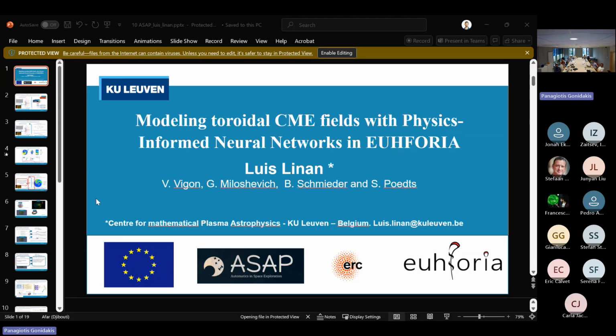As you can see here, for one simulation, you see the evolution of the density, and you can compare the density predicted by EUHFORIA with the one observed by in-situ measurement. You can see here, for example, that the density is pretty well reproduced by EUHFORIA. Of course, in EUHFORIA, we need to have some CME model to have some prediction.